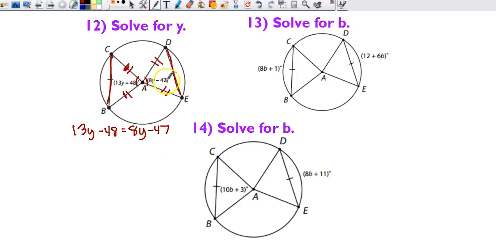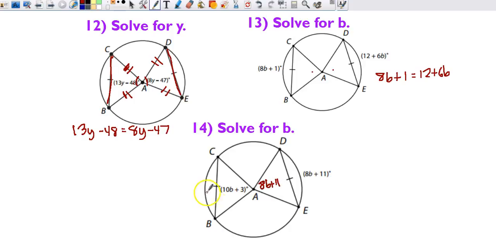Set that equal to that. These 2 arcs are the same as these 2 angles. Set those 2 equal to those. Here, I'll set them up. This arc is the same as that angle. It's a central angle, so the angle equals the arc.